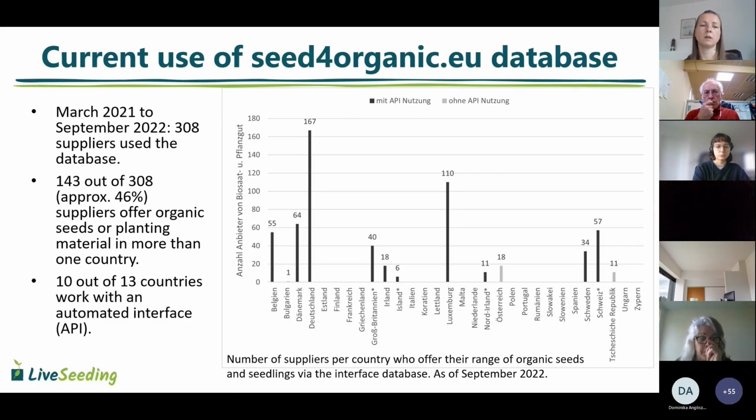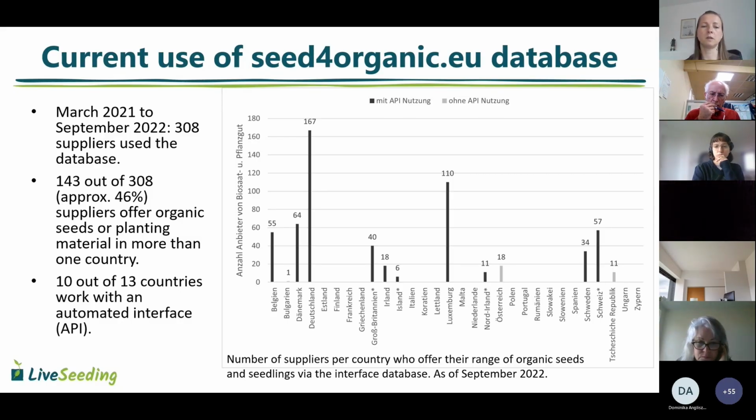There were 308 suppliers using this European router database, while 143 out of these 304, so approximately 46% of the suppliers of organic planting material, use this database to supply to more than one country.